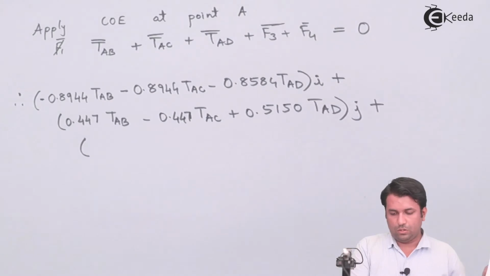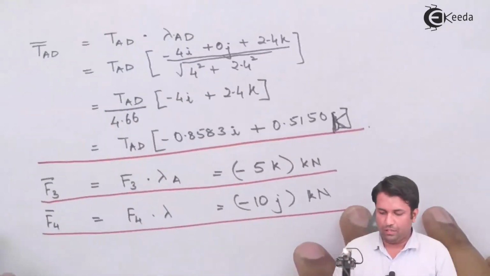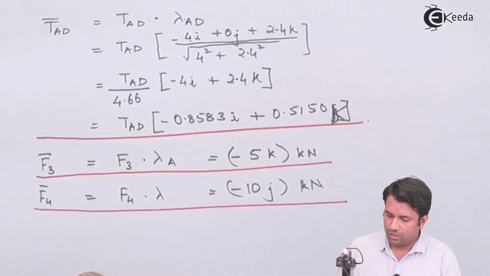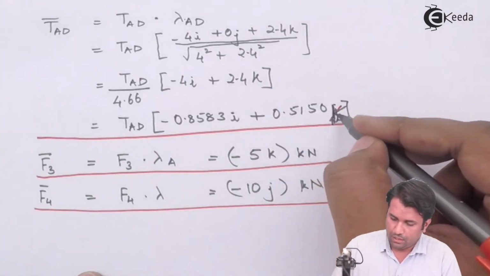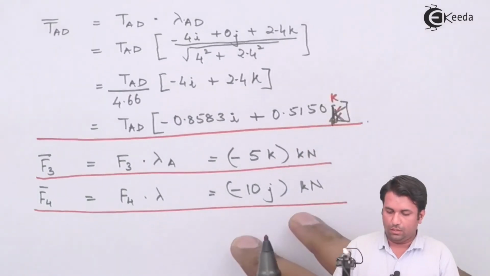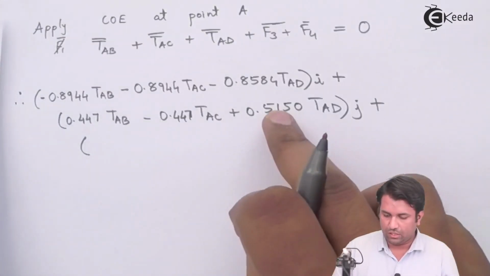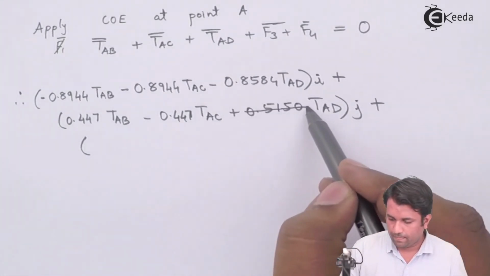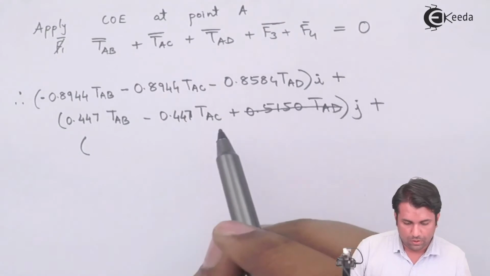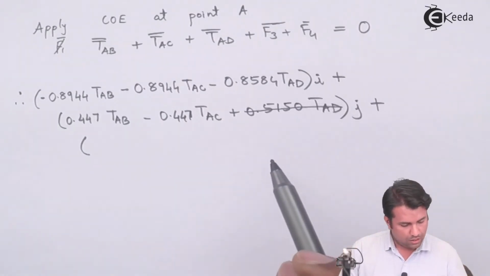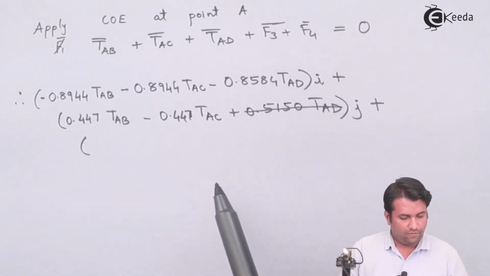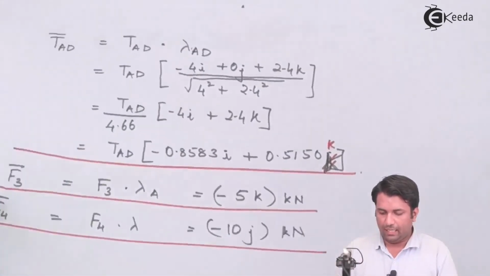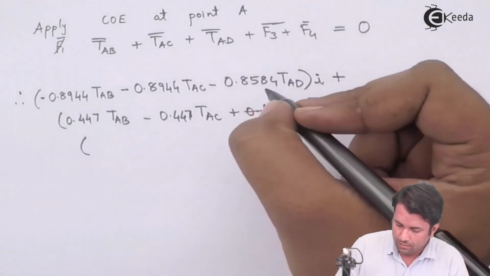There is a small change in this equation over here. This is for K, so I'll just make this change. Will be K over here. So I'll have to remove this term from here. So J terms will be this, and the force that is acting, that is this force. So minus 10 I need to write over here.